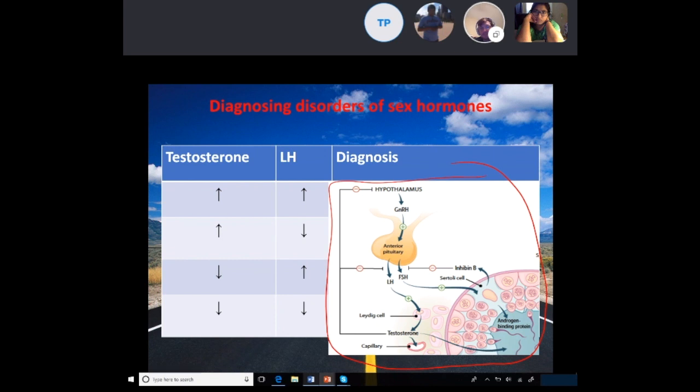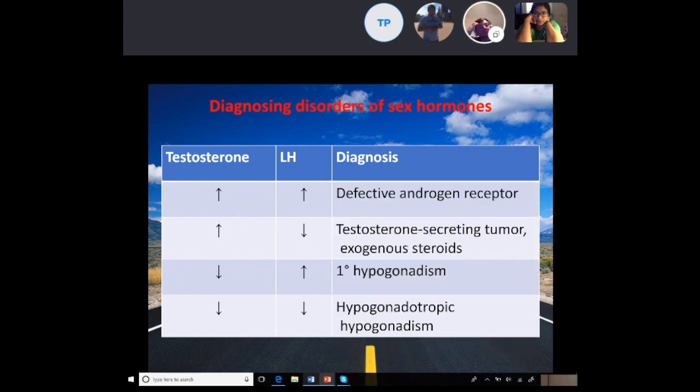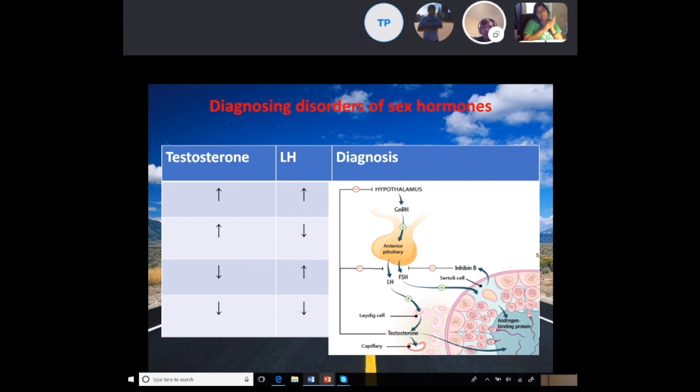Just to clarify, so for the feedback inhibition to happen from testosterone, it has to come from the end organ. Are you looking at the first line here? Yeah. Well, I think it has to do with the fact that if you're not getting the end result, there's got to be some kind of feedback mechanism.